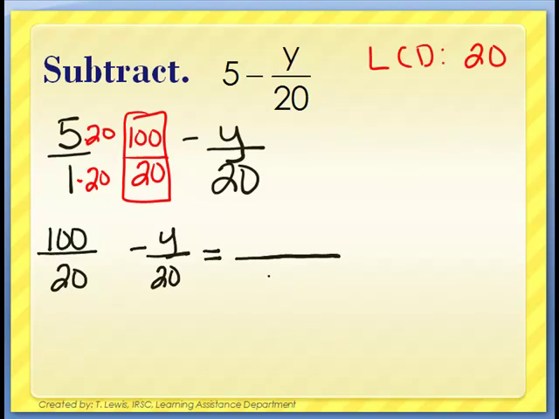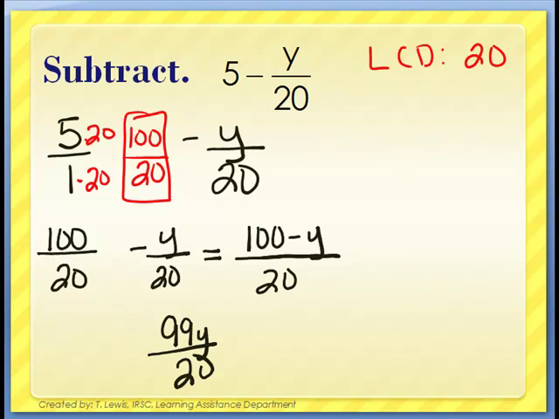Common denominator is 20. We have 100 minus y. So let's look at the numerator, 100 minus y. Now if you try to take this a step further and leave the answer as 99y over 20, that is incorrect.